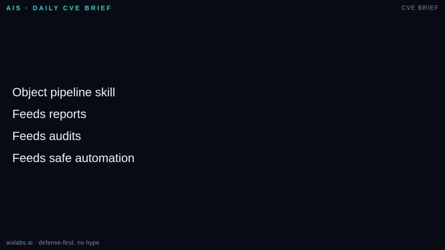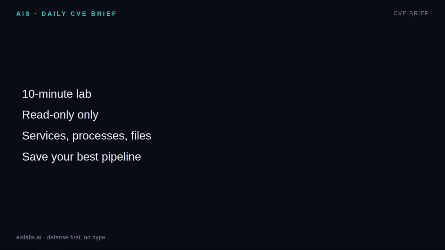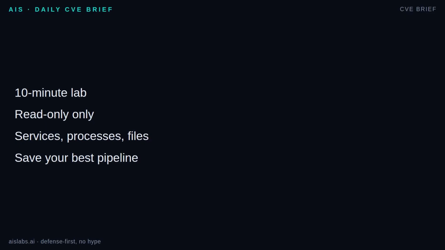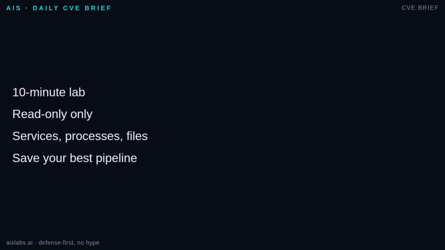Predictable, reviewable, and safe. Take 10 minutes on your workstation or a test virtual machine. First, run Get-Service piped to Where-Object Status -eq Stopped. Pipe to Sort-Object Name, pipe to Select-Object -First 10 Name, Status, StartType. Second, run Get-Process piped to Sort-Object WorkingSet64 -Descending. Pipe to Select-Object -First 10 Name, ID, WorkingSet64.